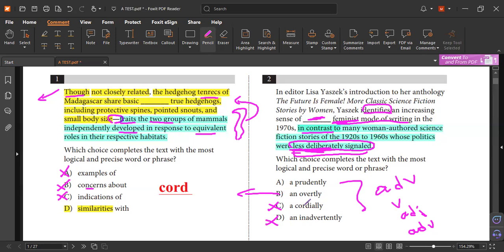To do something openly, frankly. It means an explicit signal of something. It's the opposite of less deliberately. So I'm not talking about whether they are worrying or not. But what helped me? The technique of contrast. The writer uses contrast techniques to help you. So that means B is better than A.